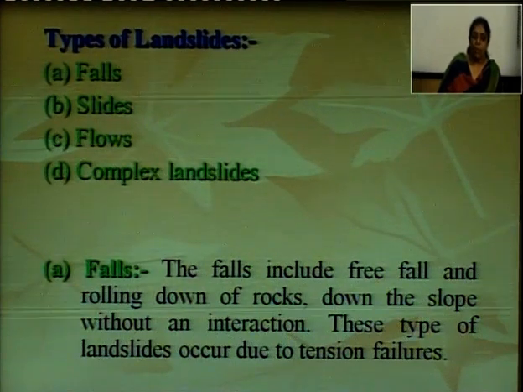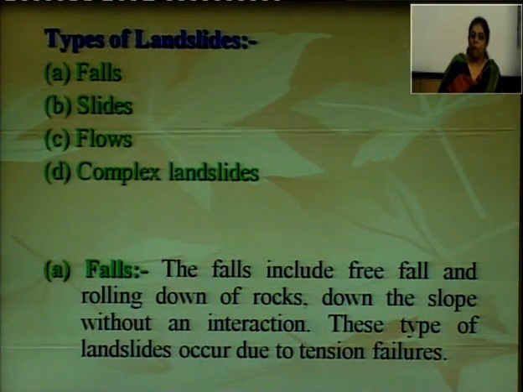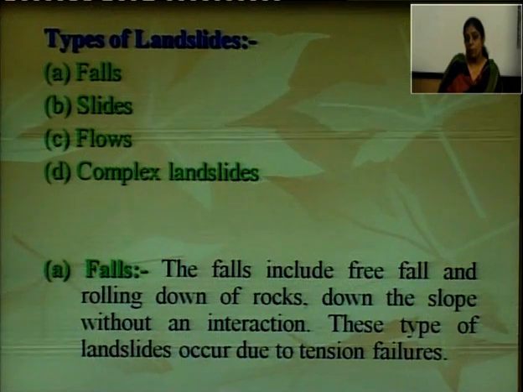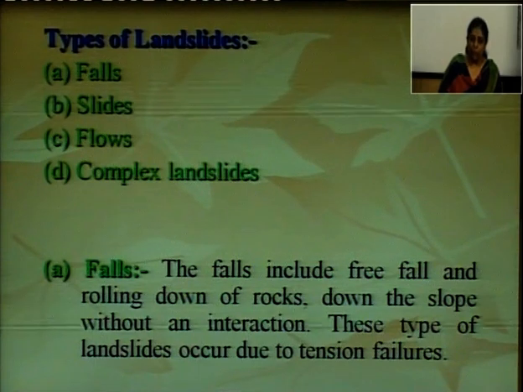So, the first type of landslide is fall. The falls include free fall and rolling down of rocks down the slope without any interaction. Basically, landslide is due to soil erosion.